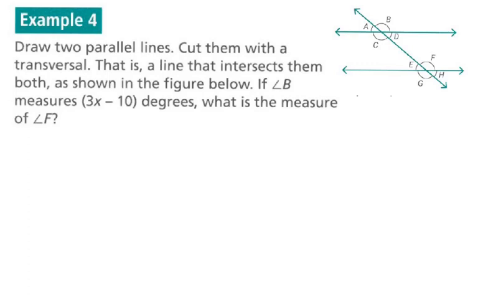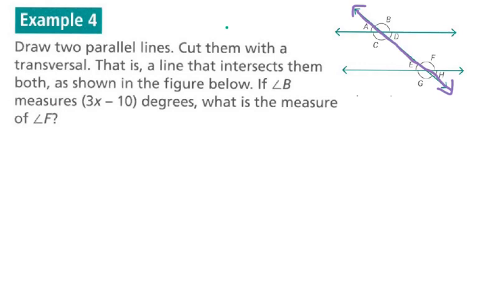Now, on this one, it says draw two parallel lines, cut them with a transversal. So, a transversal is just the line that goes through two parallel lines. So this right here that I'm drawing in purple is our transversal. So it basically cuts through these two parallel lines, so it's a transversal. So a line that intersects them both. If B measures 3x minus 10, what is the measure of F?